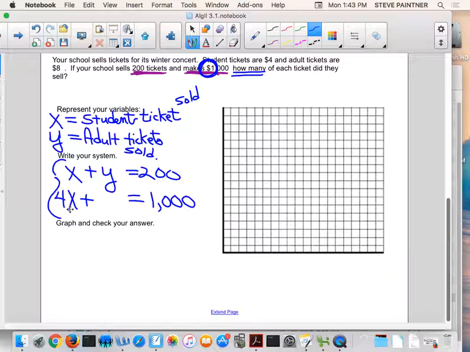Because it's $4 for every student ticket sold, plus 8y. 8 times the number of adult tickets sold should give me $1,000, right? Guys, you just wrote a system. Your job is to find where these two lines intersect.